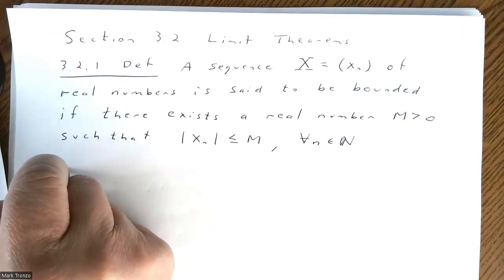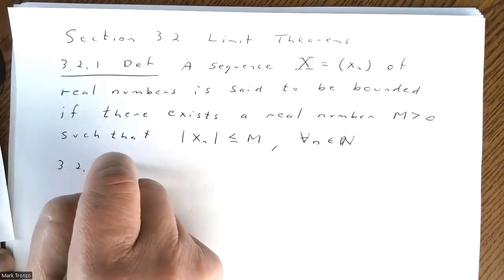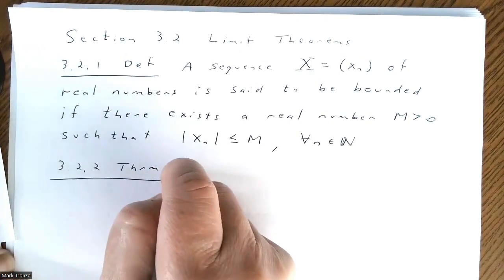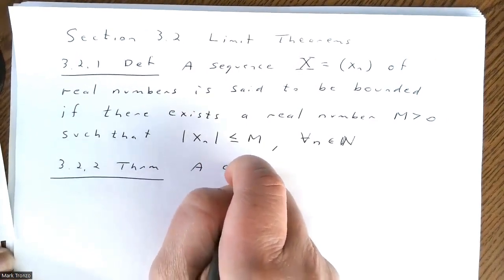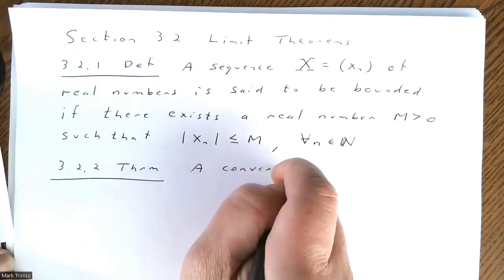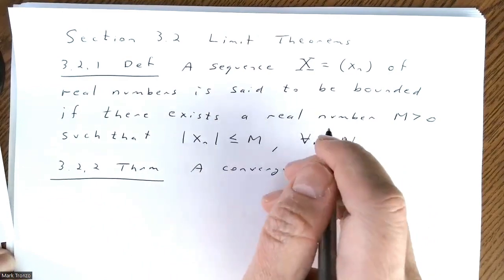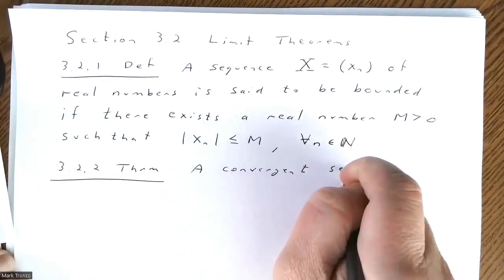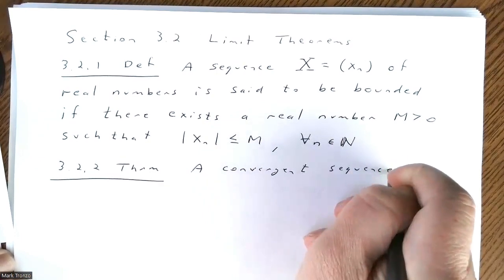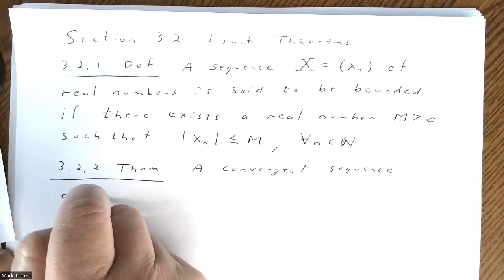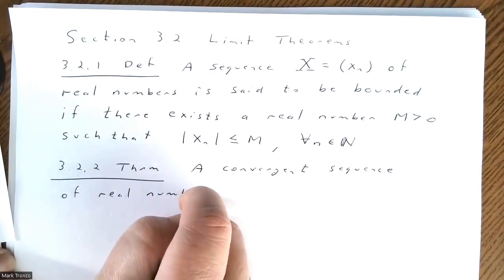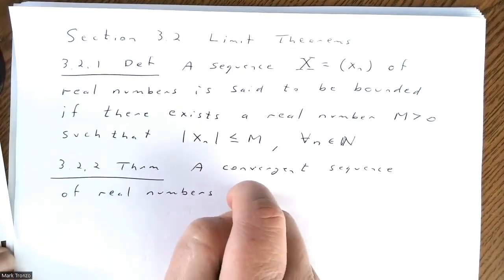And then 3.2.2. Convergence. A convergent sequence of real numbers is bounded.